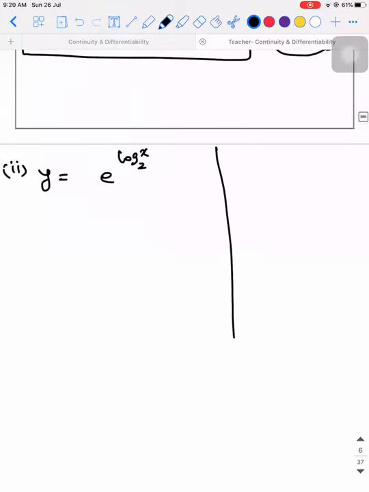Let me take this as y is equal to e power log x base 2. How did we do this? If you don't know how to operate this property, you can take log on both the sides. There are two ways to solve the problem, guys.